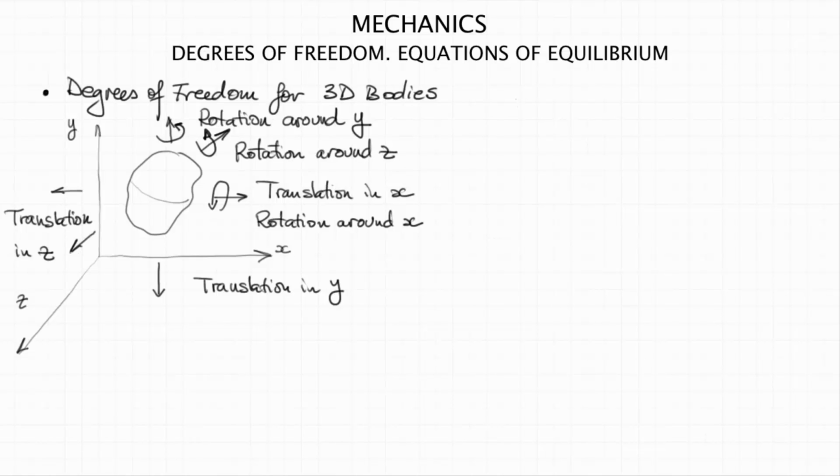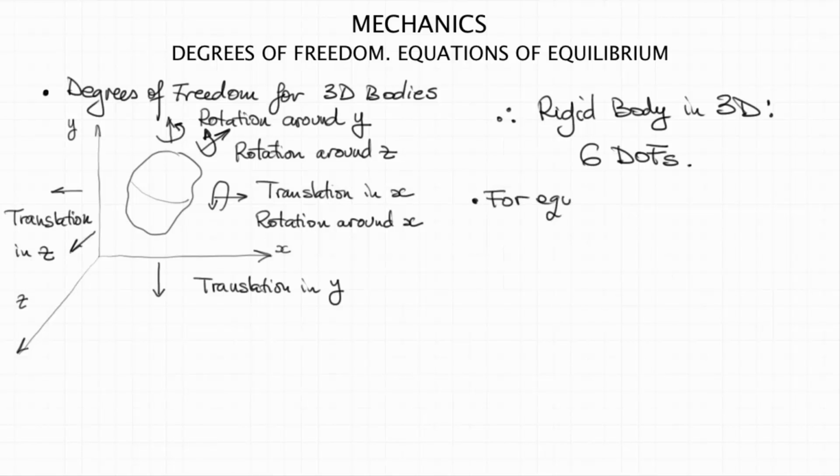So that means that a rigid body in 3 dimensions has in total 6 degrees of freedom. So it can move in 6 different independent ways: 3 translations along x, y, and z, and 3 rotations around x, y, and z.